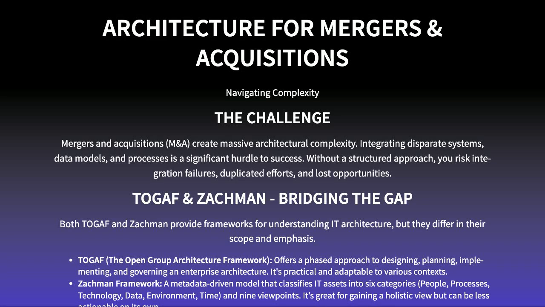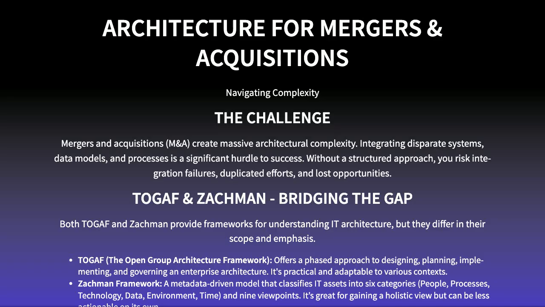Okay, let's talk about how these architecture frameworks can really help during a merger or acquisition. It's a complex situation because you're essentially combining two separate worlds of IT, and that can lead to huge challenges if not handled strategically. TOGAF provides a really useful phased approach. Think of it like a roadmap for building an enterprise architecture, while the Zachman framework helps you understand everything involved, all the people, processes, technologies, and data by looking at it from different angles.